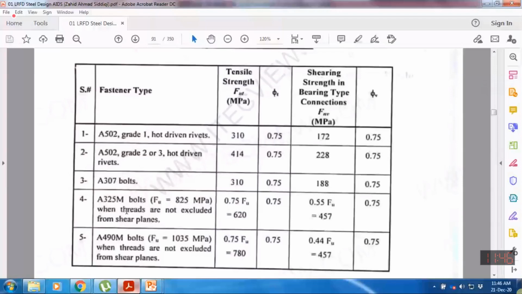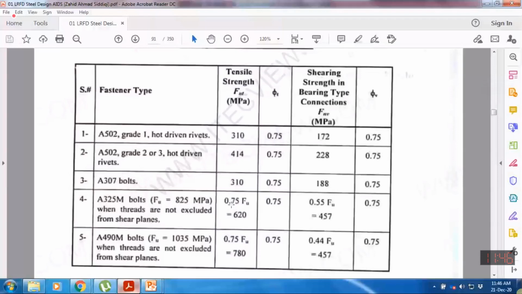So in that case, the shear strength will be considered 55% of the total FU. Total FU means that this 0.55 is 55% of 825, not of this value, because at the plane of maximum shear we do not have any threads.